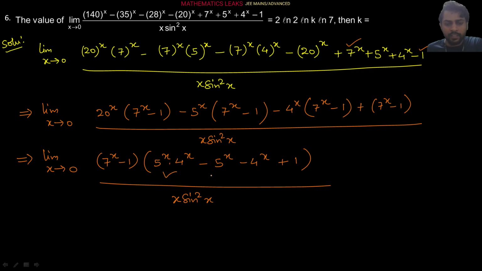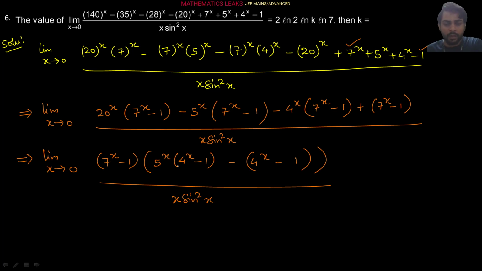So from the first two parts we can easily take common 5 to the power x, right? 5 to the power x we are taking common here, so that will become here 4 to the power x minus 1, everybody clear? And from these last two terms we can take minus 1 common here, so that will become like this, right everyone, right now.